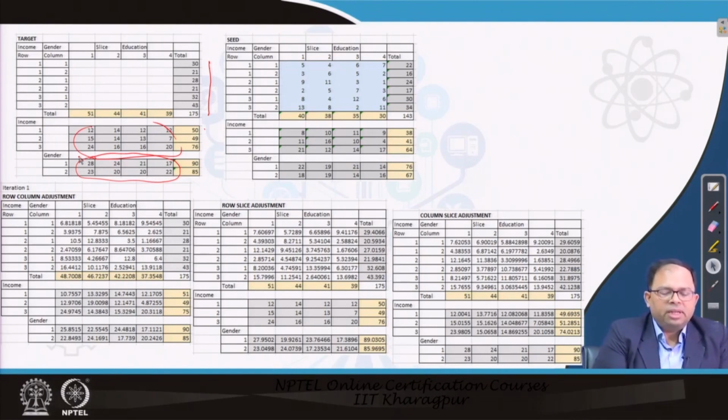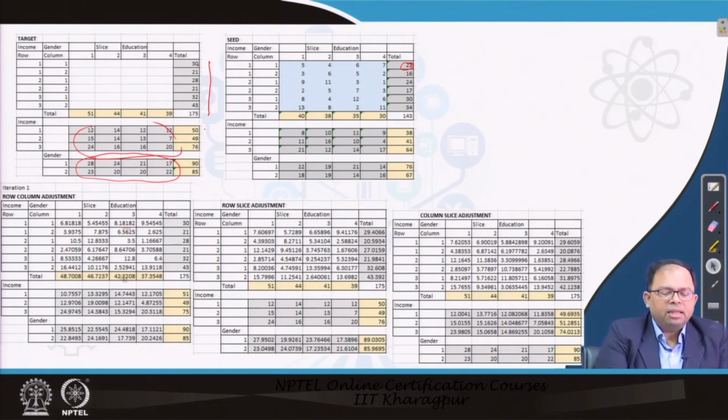In the first step, we have taken the target value 30, and this is the summation of the first row. We found the proportion, 30 divided by 22, and multiplied it with 5 to get 6.818, and we keep doing that for all the rows.